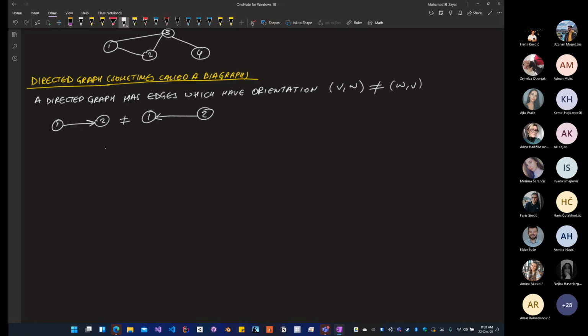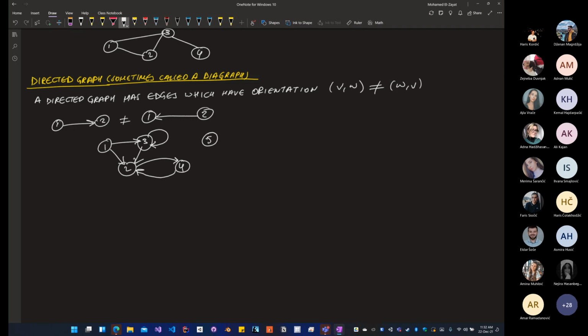Another example you might see in books: 1, 2, 3, something like this, and then you could have 4, for instance, having something similar to this, and 3 having something similar to this. So you could actually get a graph that looks like this. Heck, you can even have a vertex that is floating without any connections.